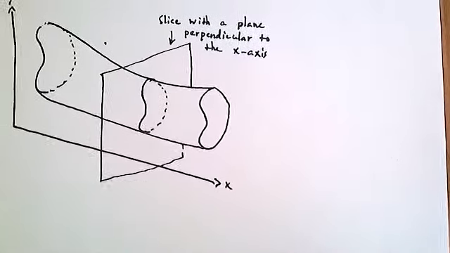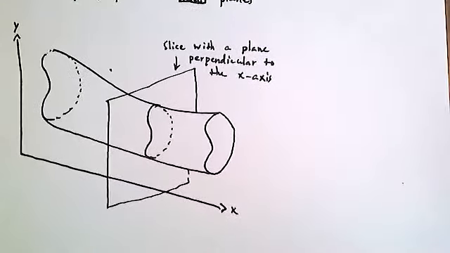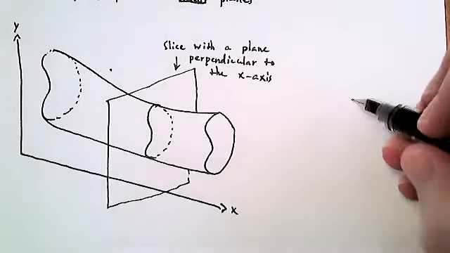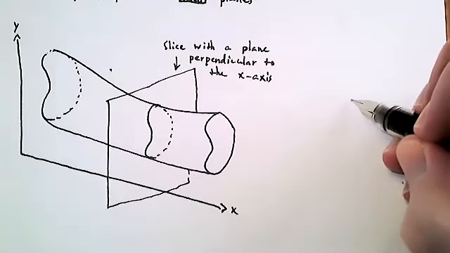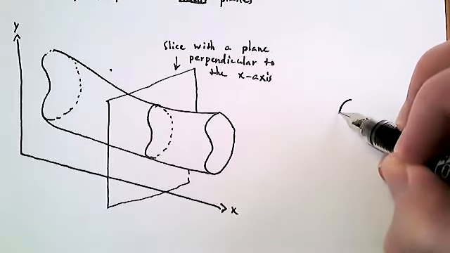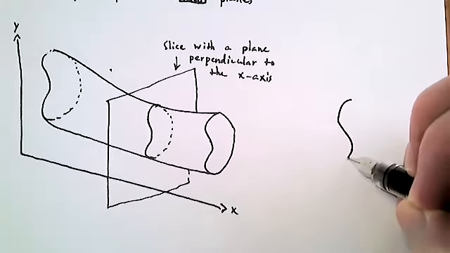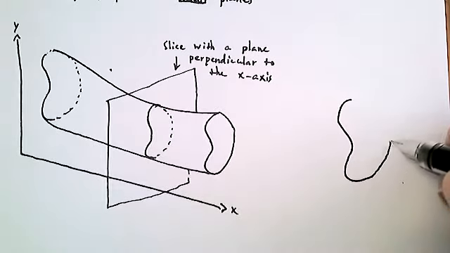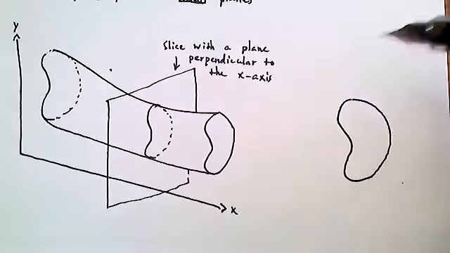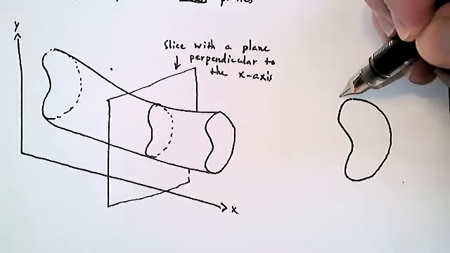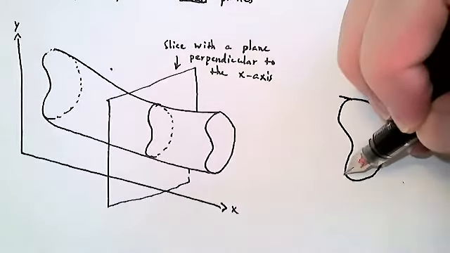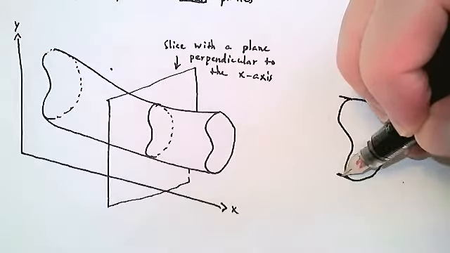So let me see if I can find some space to draw one of my slices. They look like little kidney shapes. And it's going to have just a little bit of thickness. And this is kind of a magnified view.